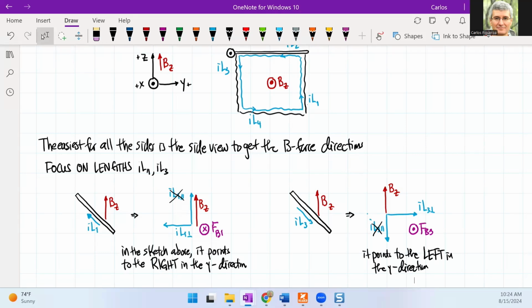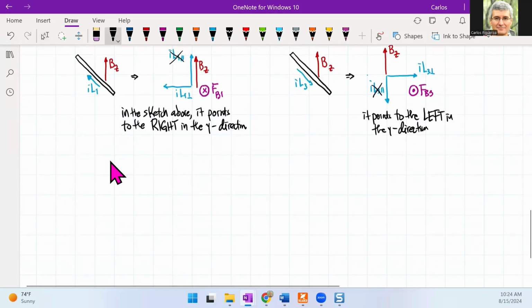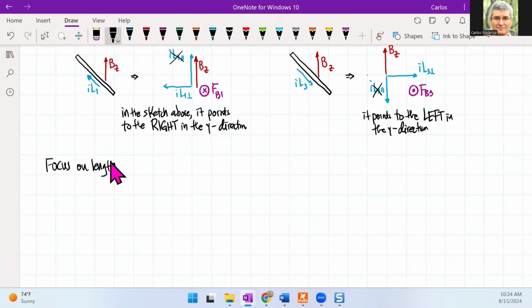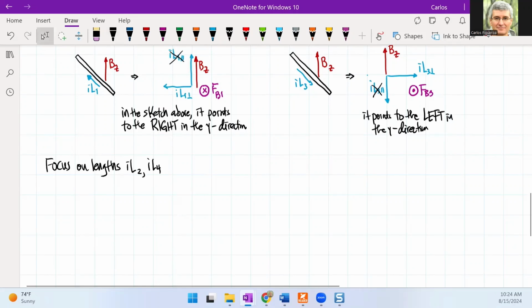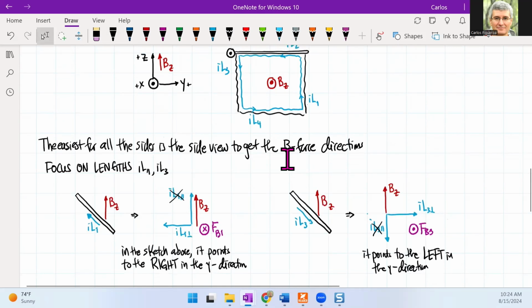Now, let's focus on the other two lengths, I2 and I4. Picture-wise, this is a much easier picture because even though it's angled, the picture just tells me whether the current's coming in or out.